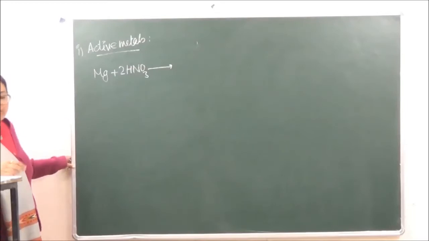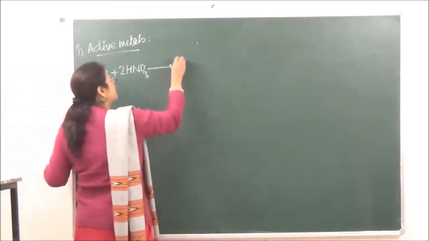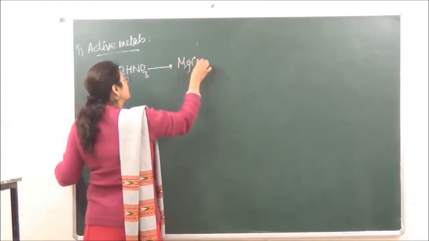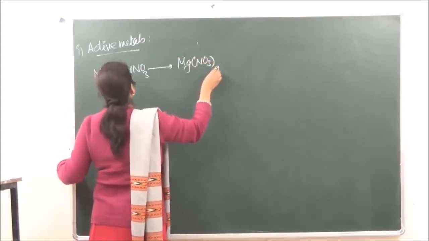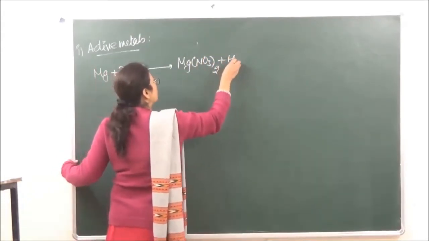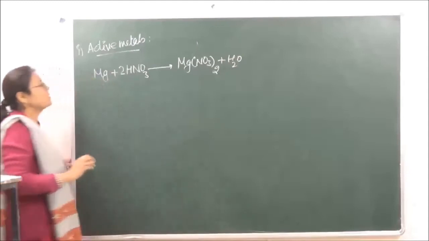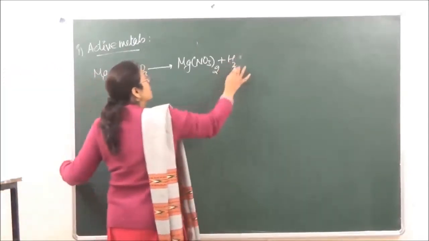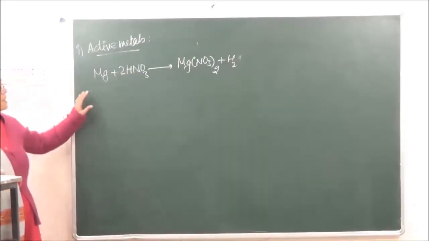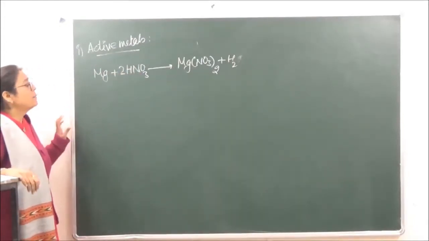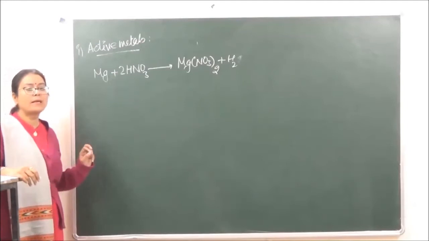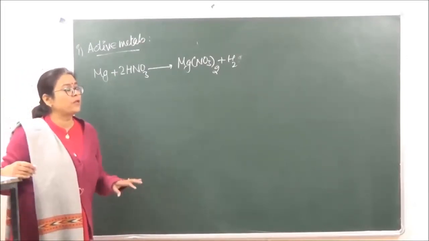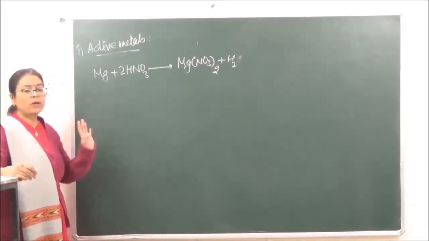This is going to give us magnesium nitrate plus water. Not water, sorry, plus hydrogen. So this shows that magnesium is a highly reactive metal, because the reactive metals have one tendency that whenever they react with any acid, they give us hydrogen.